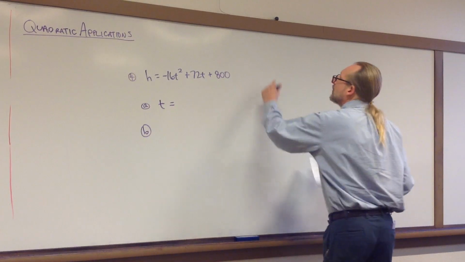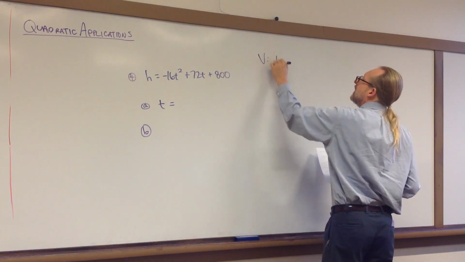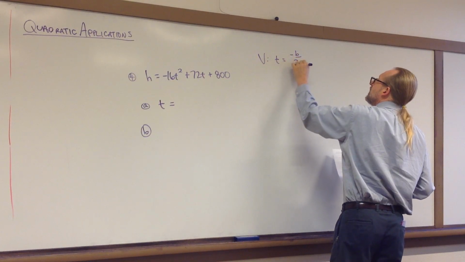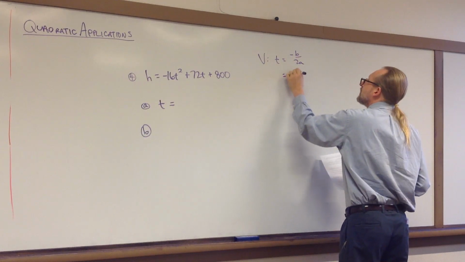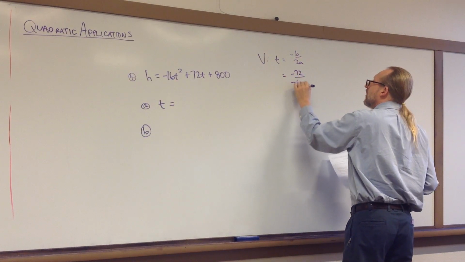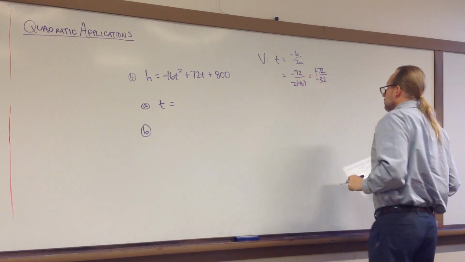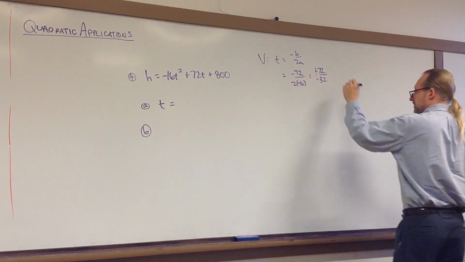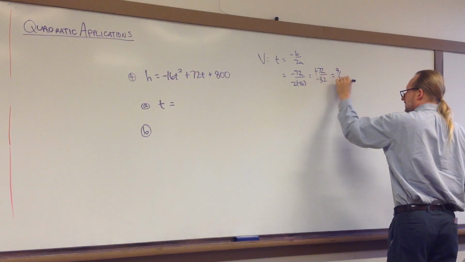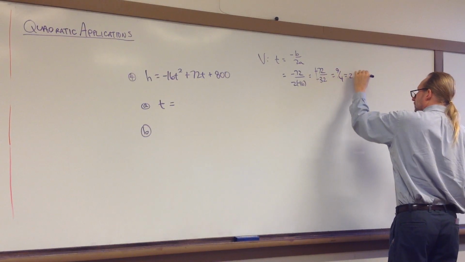All right, so we need to know the vertex. t is going to be negative b over 2a, so that's negative 72 over 2 times negative 16. That looks like 9/4, 2.25.